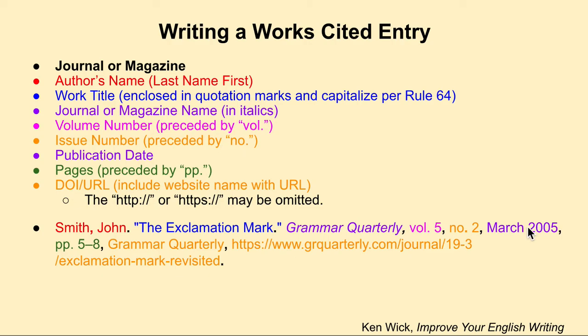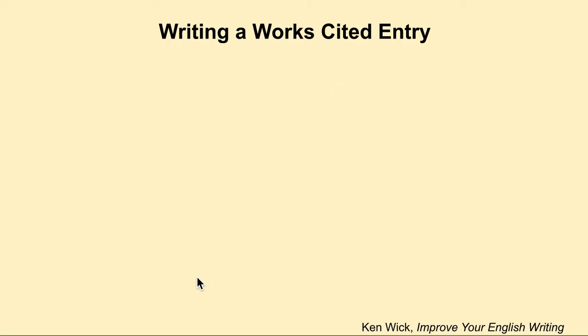So it could be spring 2005, comma. And then you have the page number range, pp. And then a comma, and now you have a URL, preceded by the website name, Grammarly Quarterly, and then the URL listed here. So that is what a works cited entry looks like for a journal or magazine. Let's move on to a website.